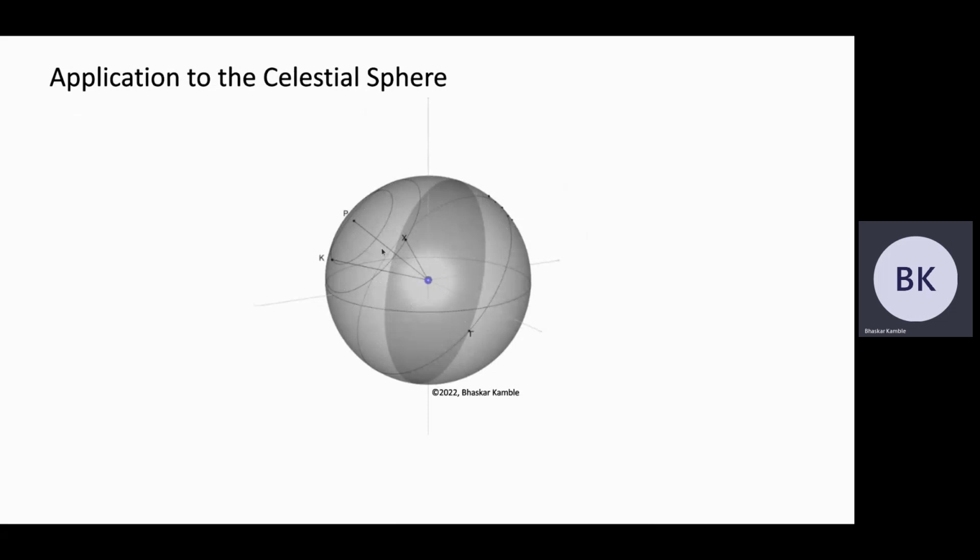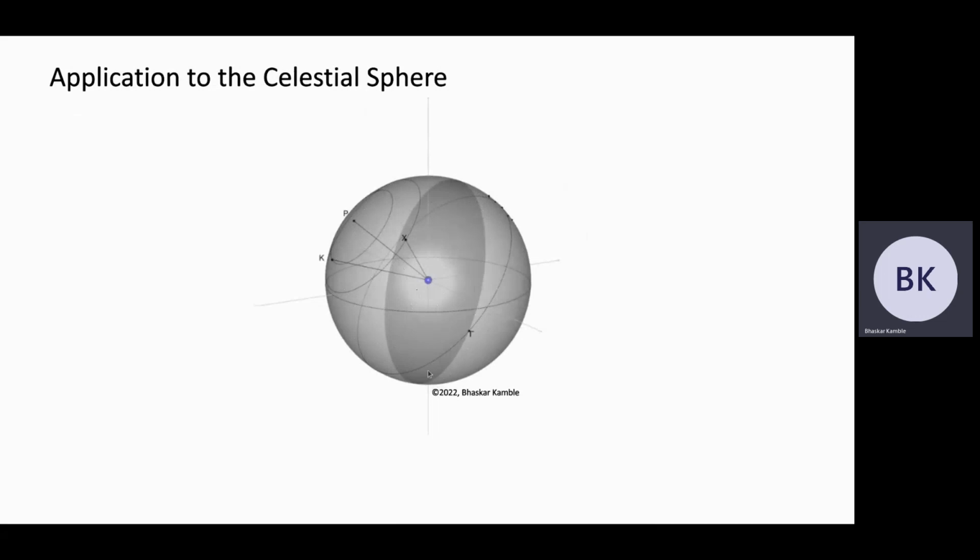Now, there are other concepts such as the celestial equator, which is a circle parallel to the equator of the Earth. This is one of the great circles. The plane of the ecliptic is the plane in which the Earth revolves around the sun, so the sun will always be lying somewhere on the ecliptic circle here.